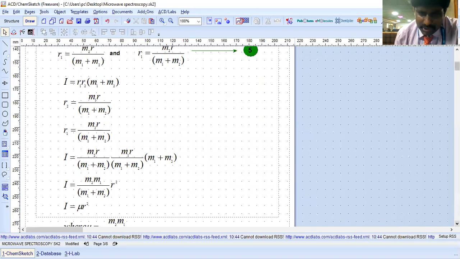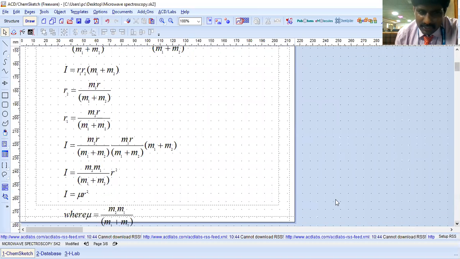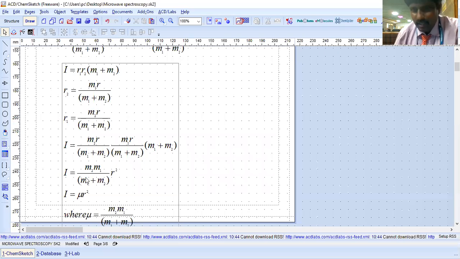Now, instead of writing I is equal to M1 M2 by (M1 plus M2) into R square, I am substituting M1 M2 by (M1 plus M2) with mu. Now, I is equal to mu R square. Now, mu is equal to what? M1 M2 by (M1 plus M2). We have used this equation already in the calculation of force constant.